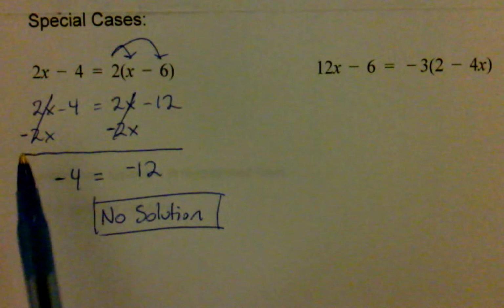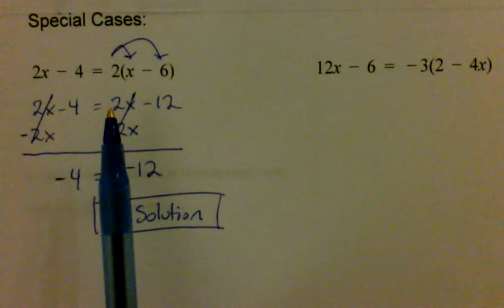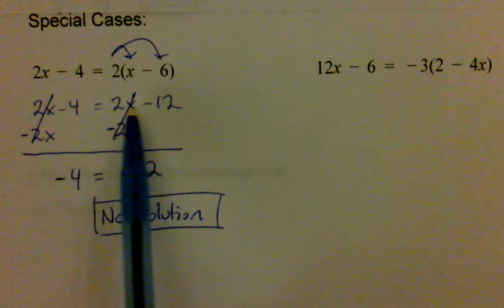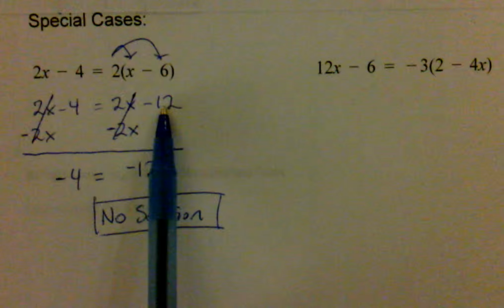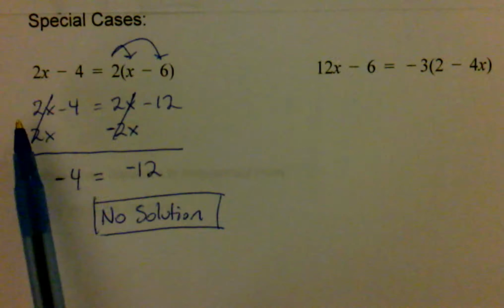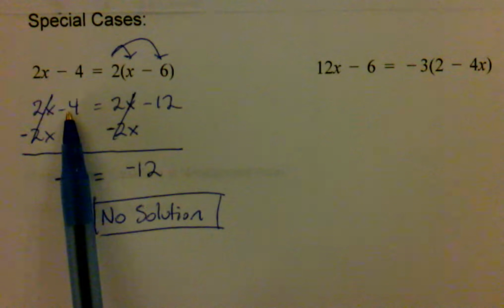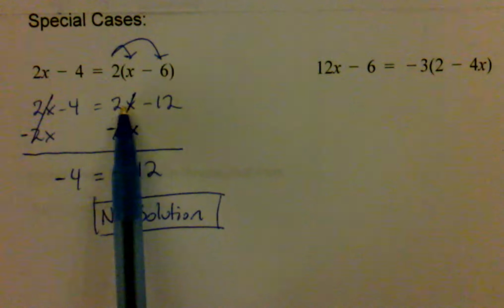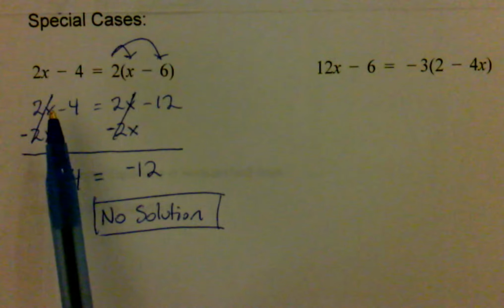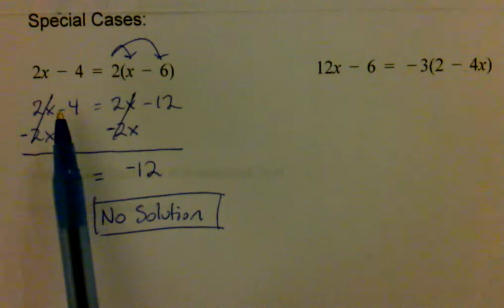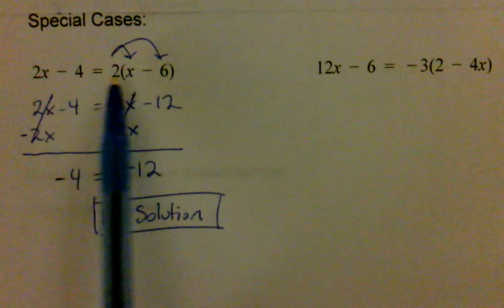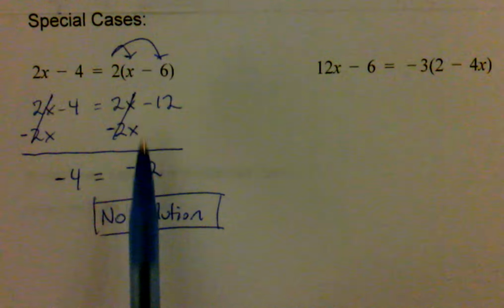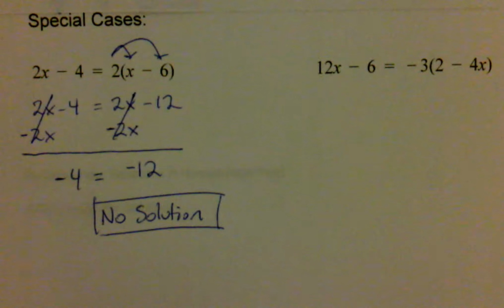If I look back at my original equation, if I take 2x and subtract 12 from it, that's never going to be the same as taking 2x and subtracting 4 from it. Therefore, these two statements are not equal.